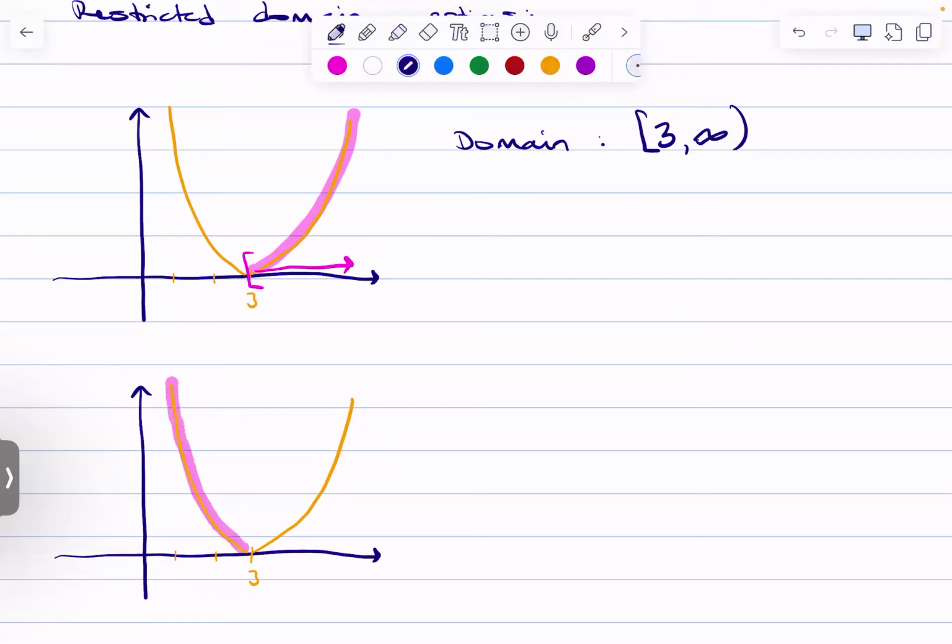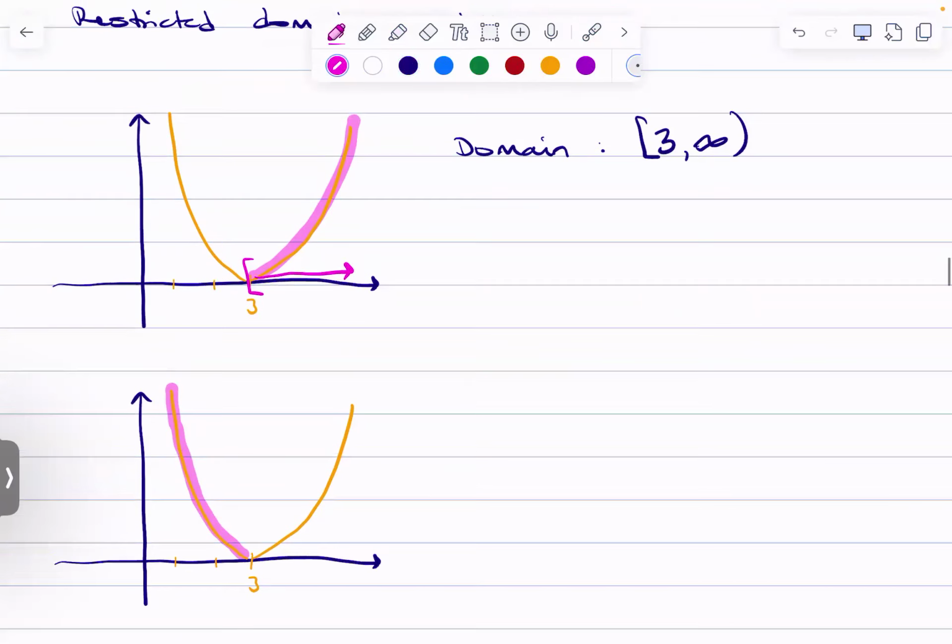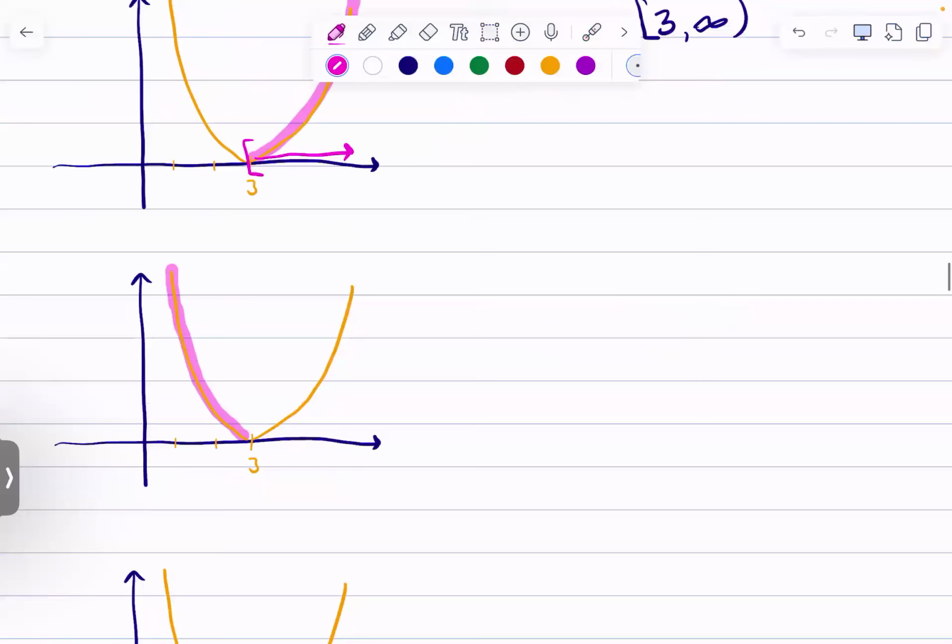That's fine. And because we're doing these individually, there wouldn't be any overlap. So I would want to include the 3 as well. Which means that in this case, my restricted domain would start at −infinity and go up to and including 3.